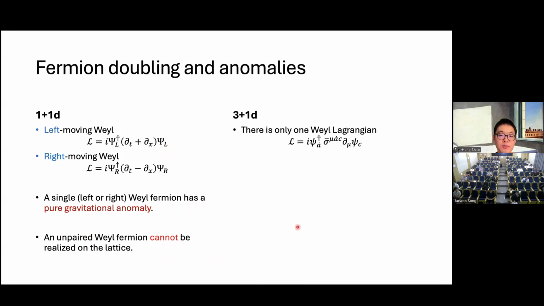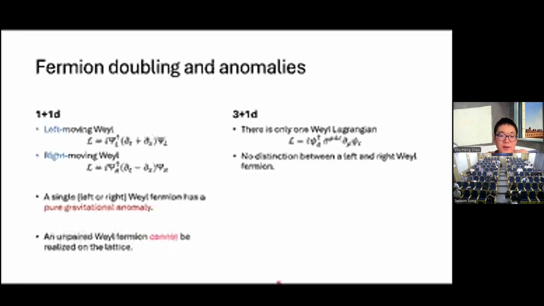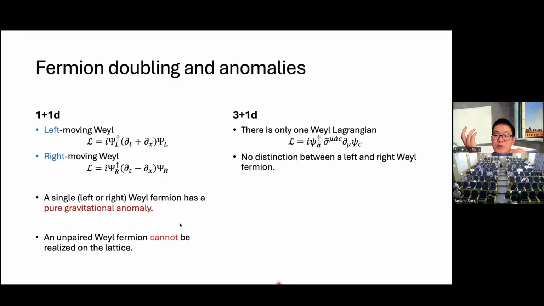In 3 plus 1D, related to Songwoo's question, it's entirely different. There's only one Weyl Lagrangian, and it involves both psi and psi dagger. If you go to any quantum field theory textbook, this is the one and only Weyl Lagrangian. So without specifying any global symmetry, there's no notion of a left-moving Weyl fermion versus a right-moving Weyl fermion. If you open Srednicki's textbook on quantum field theory, every Weyl fermion is left-moving.